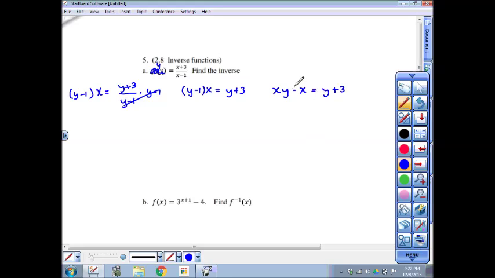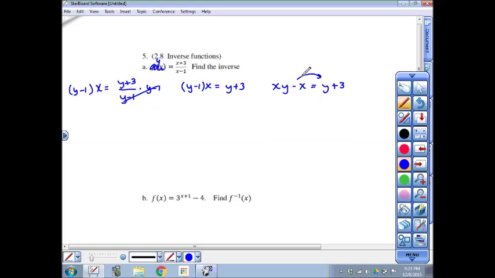But we still have 2 y's, and right now the 2 y's are on opposite sides of the equal sign, so we need to get the y's on the same side of the equal sign. So I'm going to add this x over here and subtract the y over there. So we would end up with xy minus y equals x plus 3.